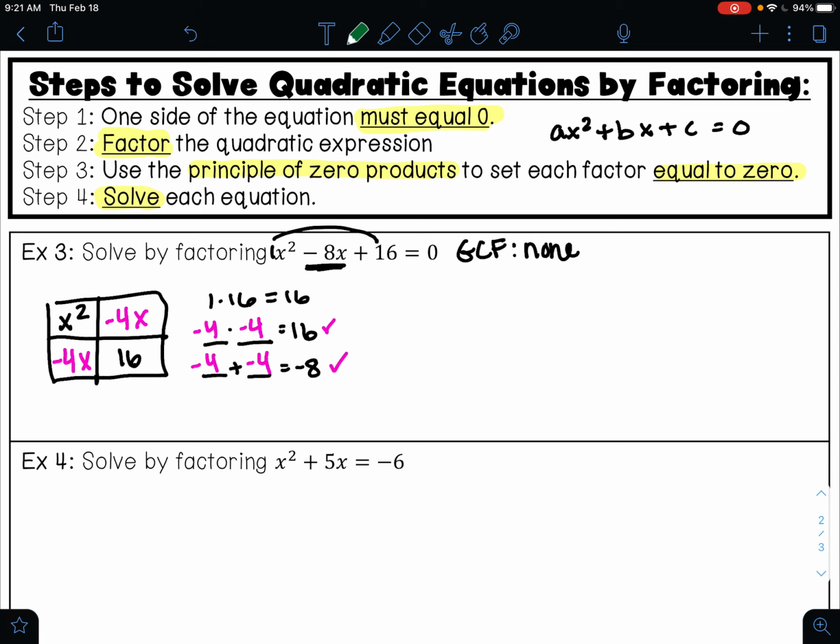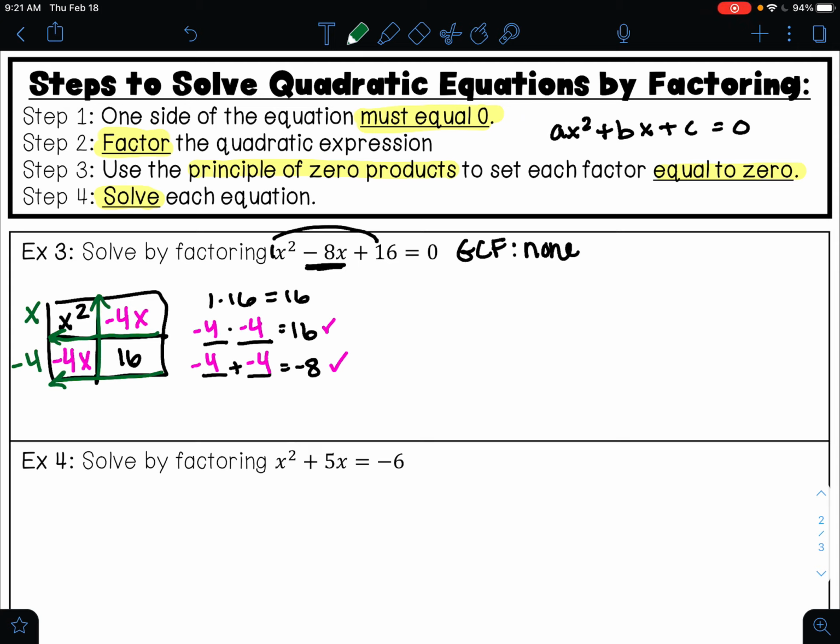Now, to complete the area model, we find the GCF of each row and of each column. The greatest common factor between x² and −4x is x. The greatest common factor between −4x and 16 is −4.